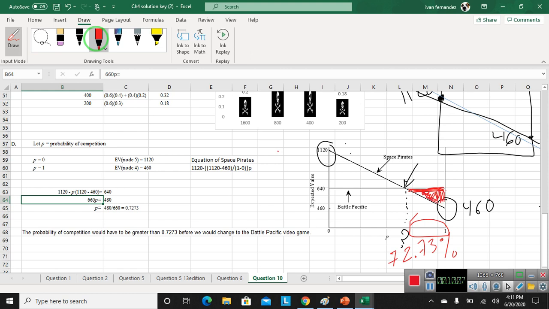But if competition is below 72.73, then Space Pirates has the higher value. The yellow is the expected value of Space Pirates, and this is the value of Battle Pacific, and as you can see, it's higher. So if competition is expected more than 72.73% of the time, Battle Pacific is better. If competition is expected less than 72.73% of the time, then Space Pirates is a better choice.